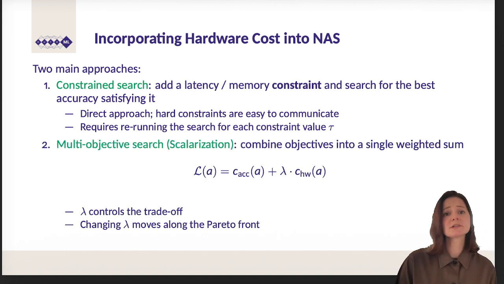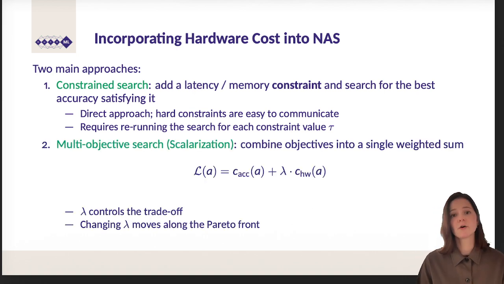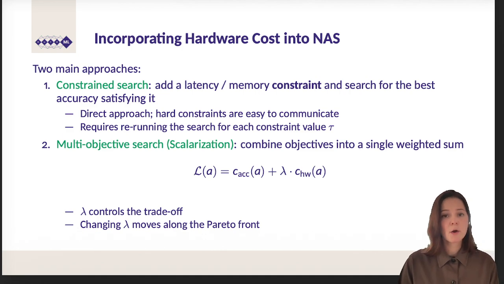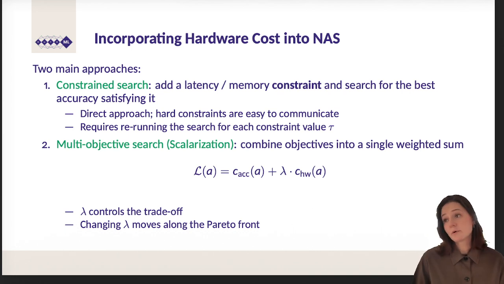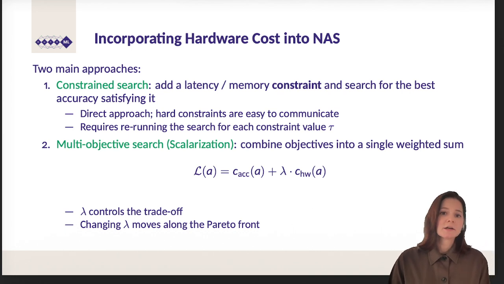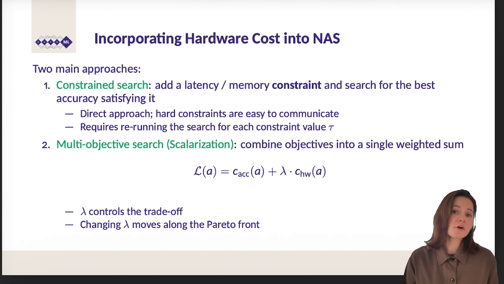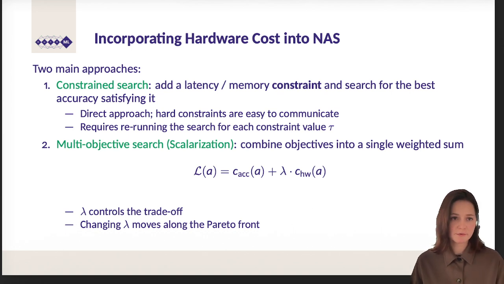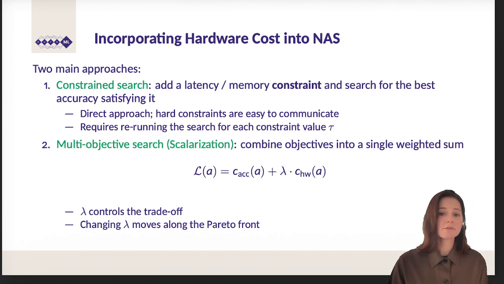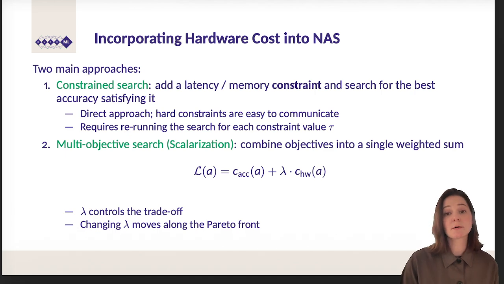A different approach is the multi-objective search, here on the example of scalarization, which combines two objectives, or more objectives as well, into a single weighted sum. So we have an architecture A, and we have the costs of our architectures. Here, for example, the cost of the accuracy of the architectures, which can be, for example, the loss or the performance.